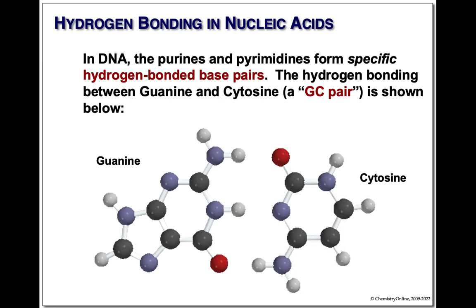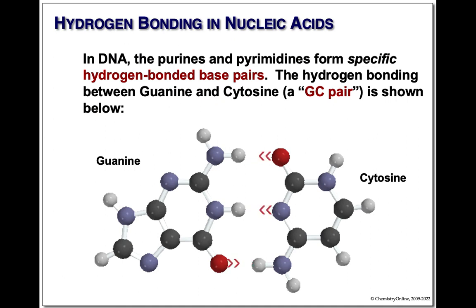As these base pairs encounter each other, you'll note we have an oxygen with unshared pairs of electrons and an NH. We can make a hydrogen bond. We have an NH and a nitrogen, also has an unshared pair, another hydrogen bond. Oxygen, another NH, another hydrogen bond.